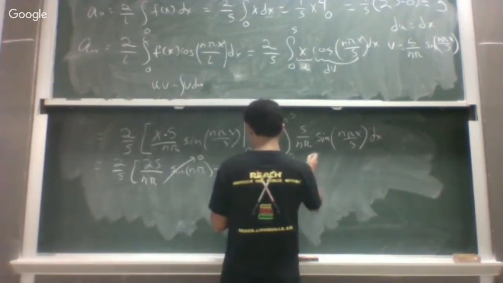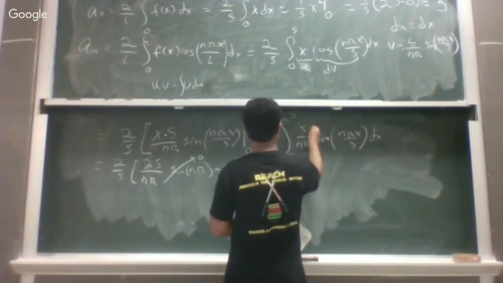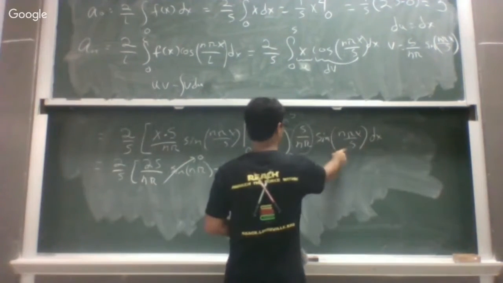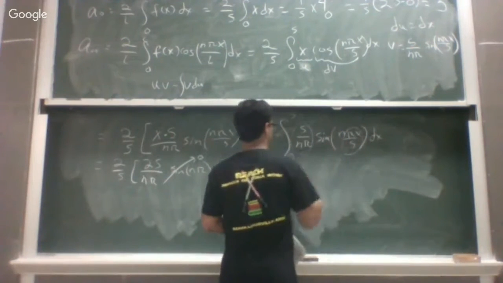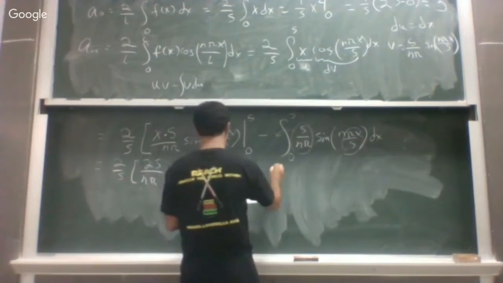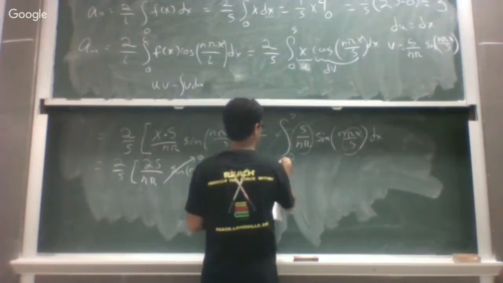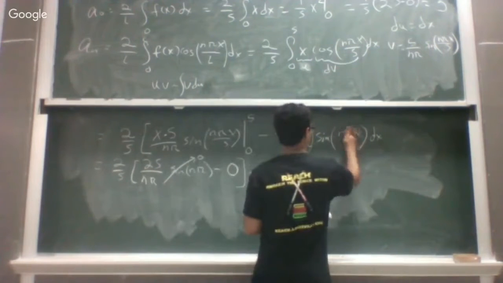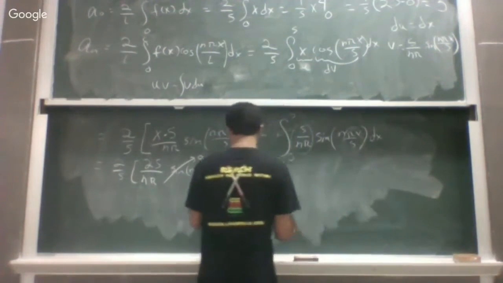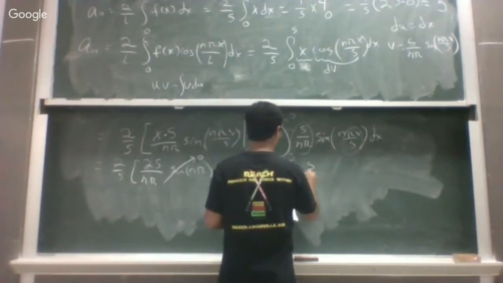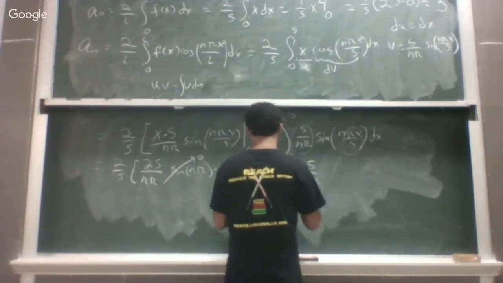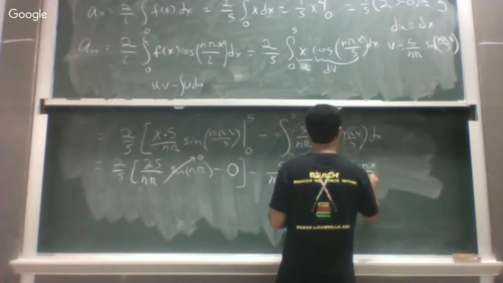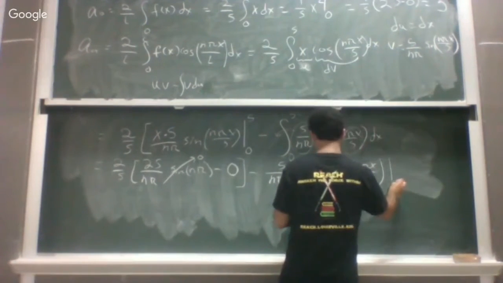Minus. This is a constant, so that can be on the outside. But we do substitution, which is multiplying by essentially the reciprocal of that. So we get 5 over n pi times 5 over n pi times the cosine of n pi x over 5, going from 0 to 5.